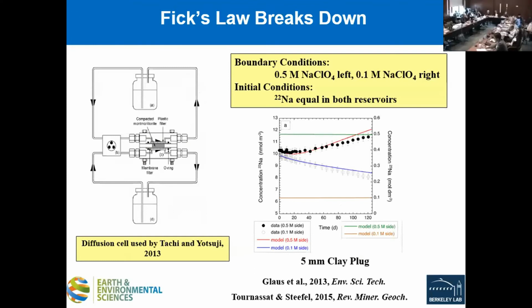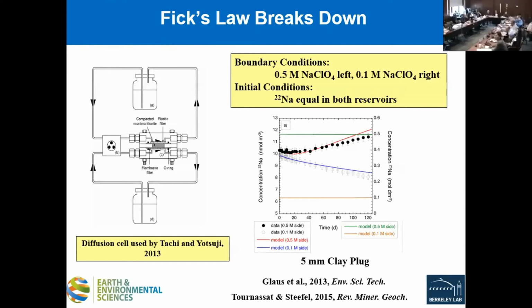They put a gradient there between half molar sodium perchlorate and 0.1 molar sodium perchlorate on either side. So a concentration gradient. But then the clever part here again is they spiked the two reservoirs with the exact same concentration of the isotope sodium-22. Now, Fick's law applied: there's no gradient in sodium-22. There should be no diffusion at all. Nothing should happen if Fick's law applied.